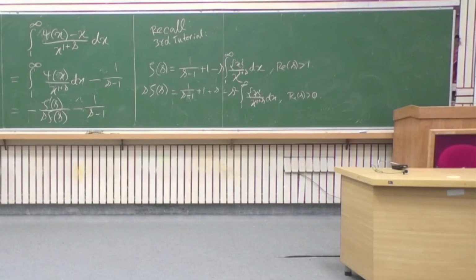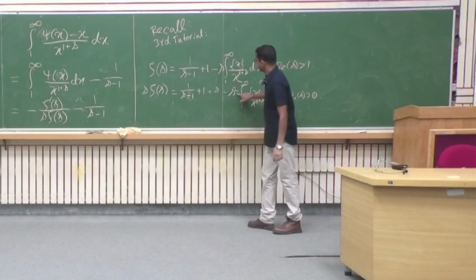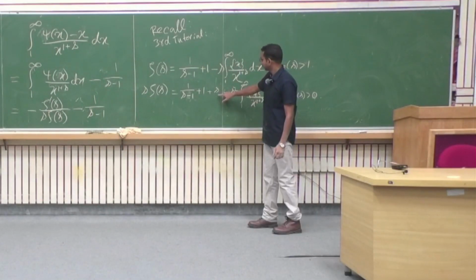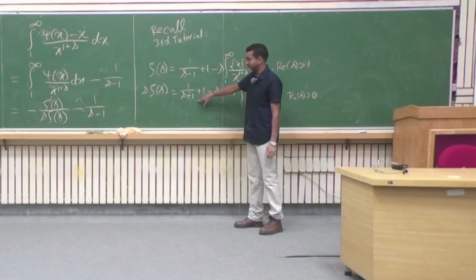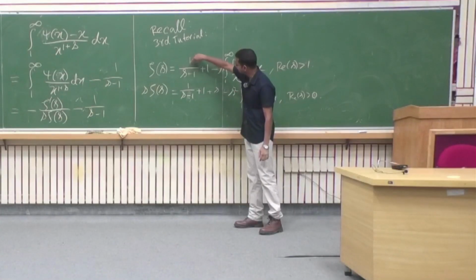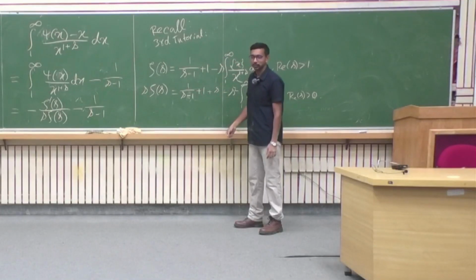Yes, s by s minus 1, which we have written as 1 plus this. So it is s times this, which again we separate as 1 plus 1 by s minus 1.